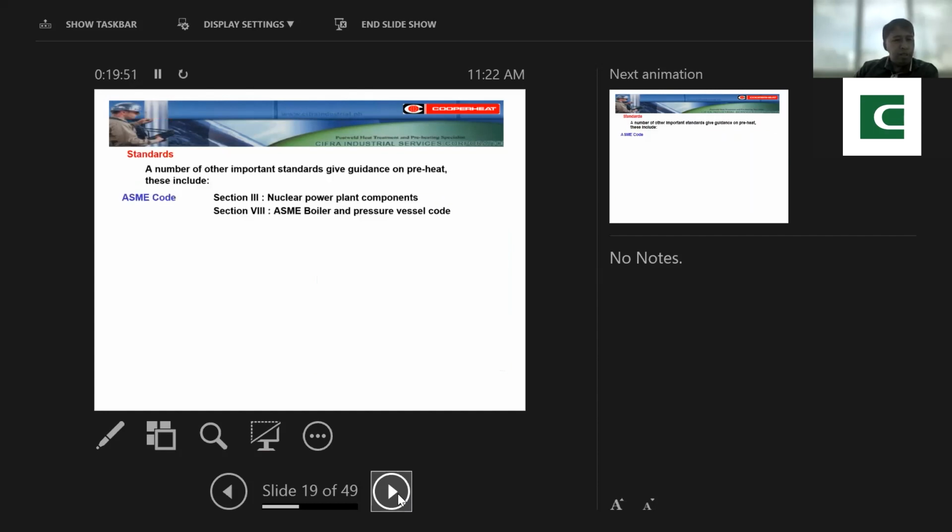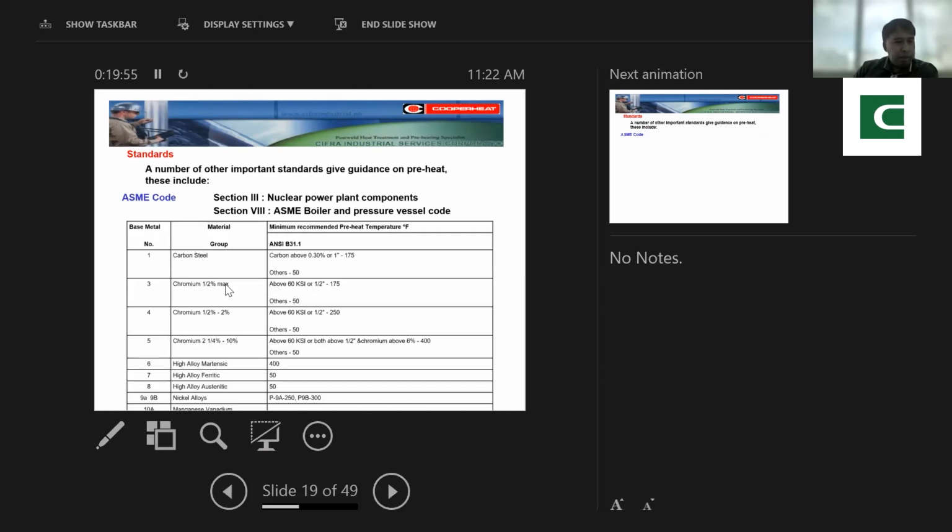So in accordance sa ASME Section 5, these are the required temperatures for preheating. For P1 material, carbon steel, the preheating is up to 175 degrees Fahrenheit, no?